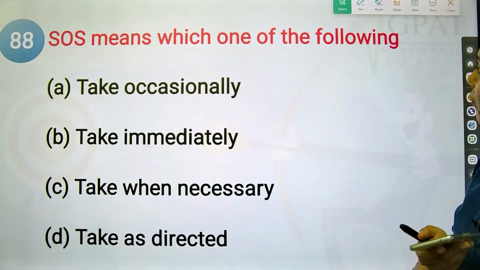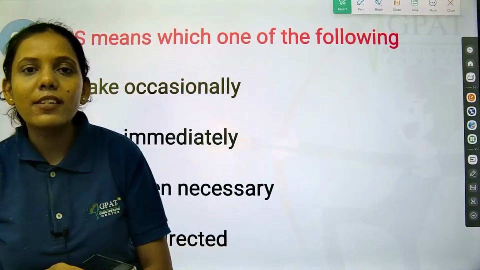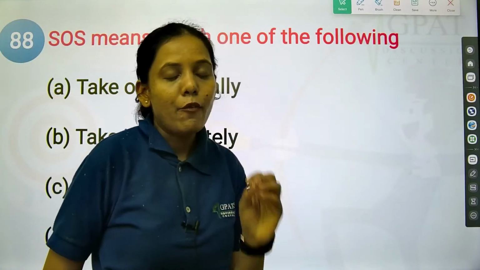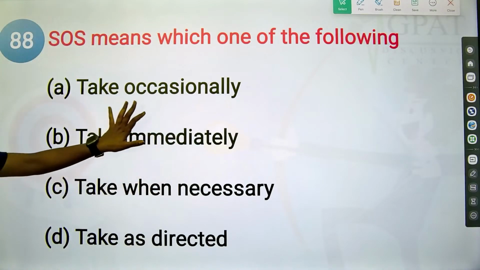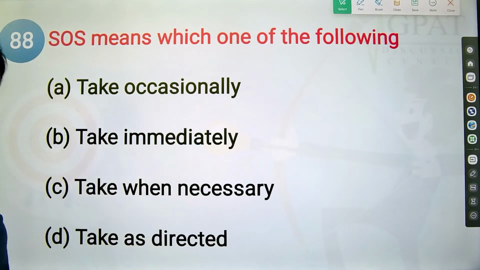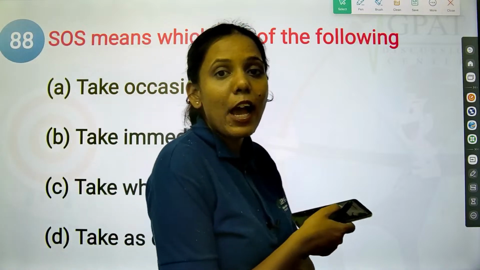SOS means which of the following? Okay. So SOS is nothing but take when required or when necessary. It is not taken occasionally. Occasionally is not there. Immediately is also not there. And taken as directed is also not there. Take when necessary, that is SOS.